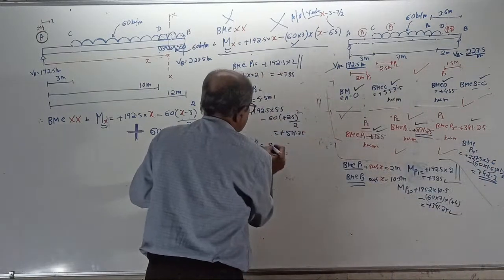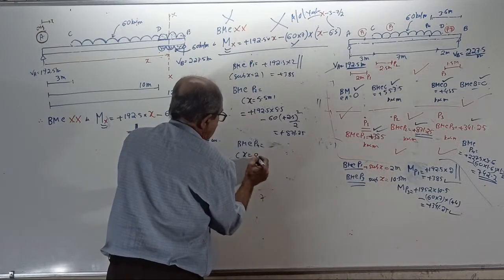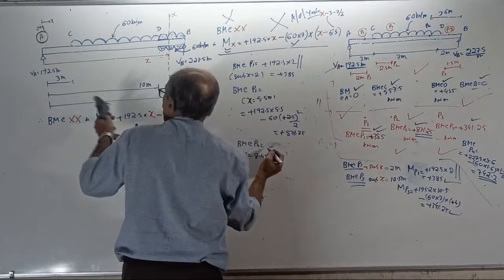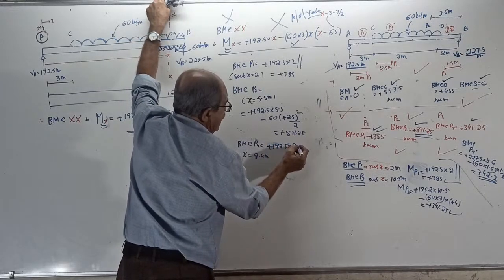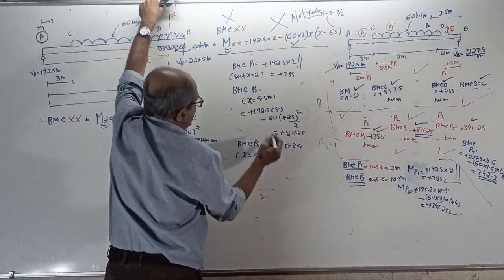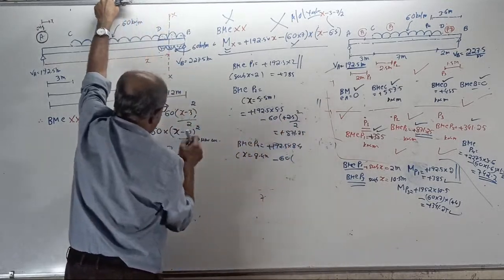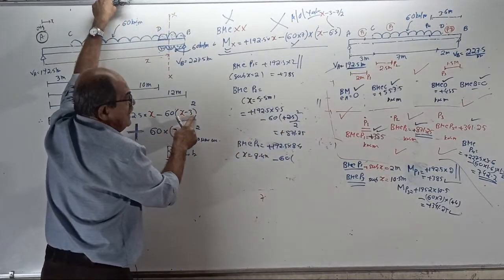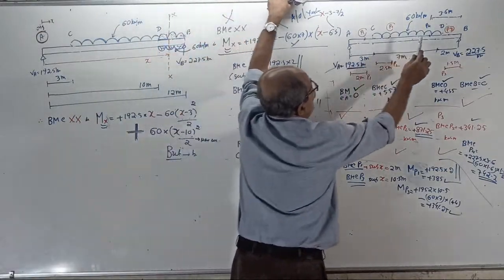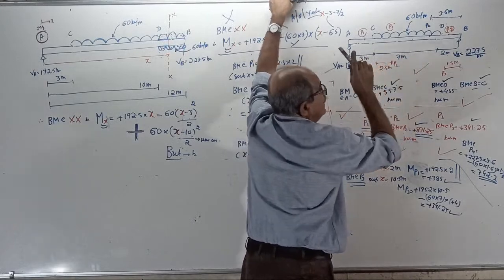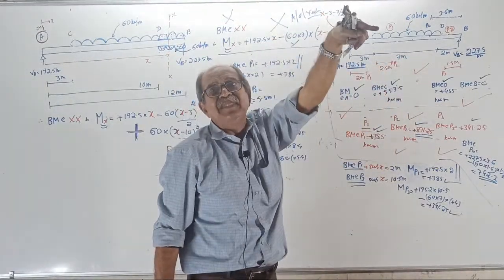See what happens. x equal to 8.4 meter equals plus 192.5 into 8.4, correct, minus 60 into 8.4 minus 3 is 5.4. Correct. See now, I told you only 5.4 meter will come. Last time it was coming 7 meter length.